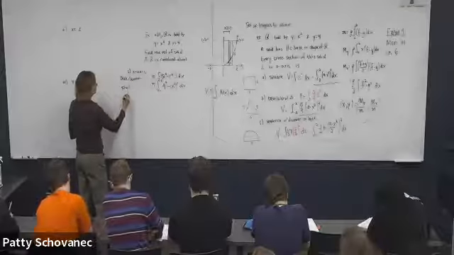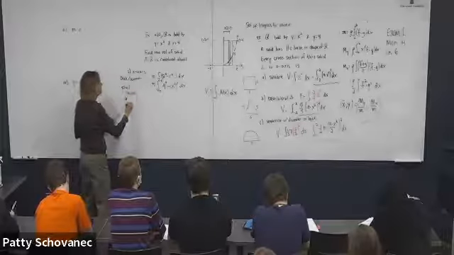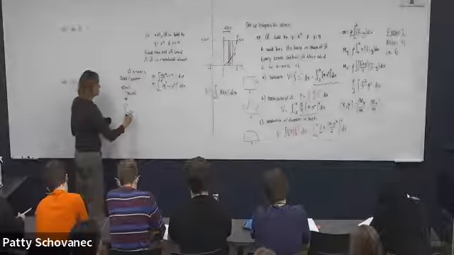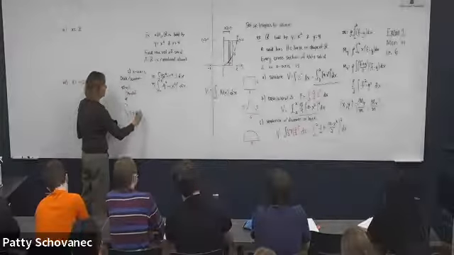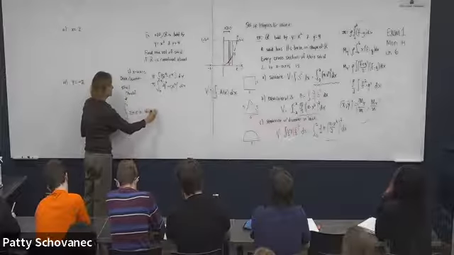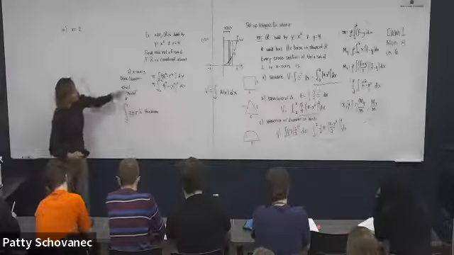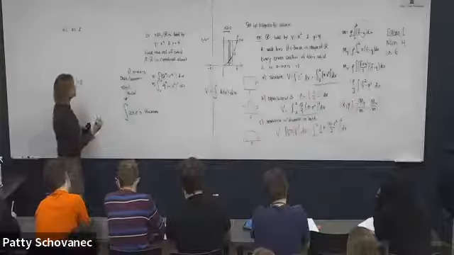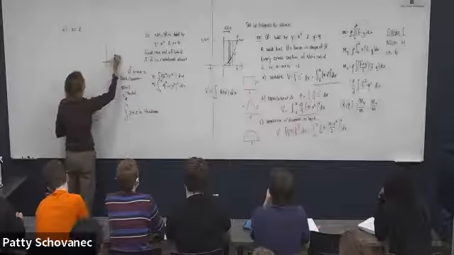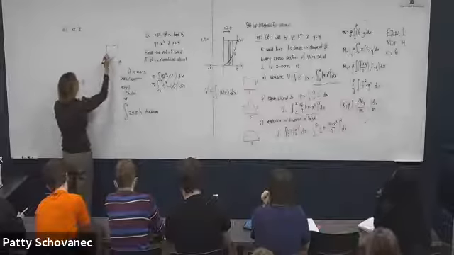Okay, for shell, remember, we have to go parallel to the axis of revolution. Our plan for shell is 2 pi radius height, then times the thickness, where the thickness represents the dx or dy. And in this, we're going about the x-axis, so I gotta go parallel to the x-axis.